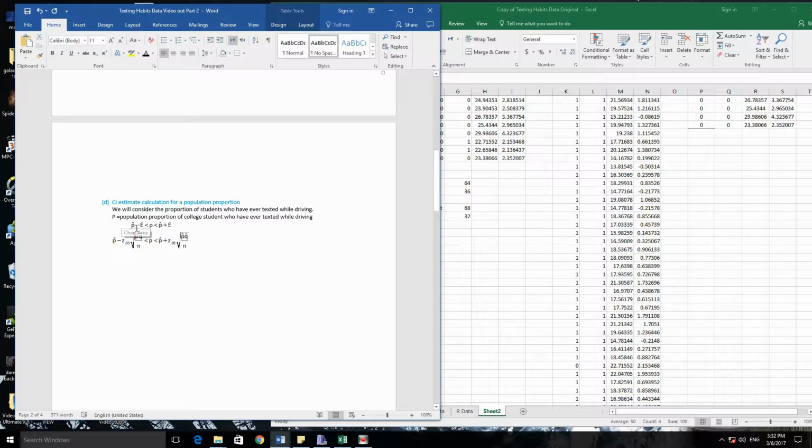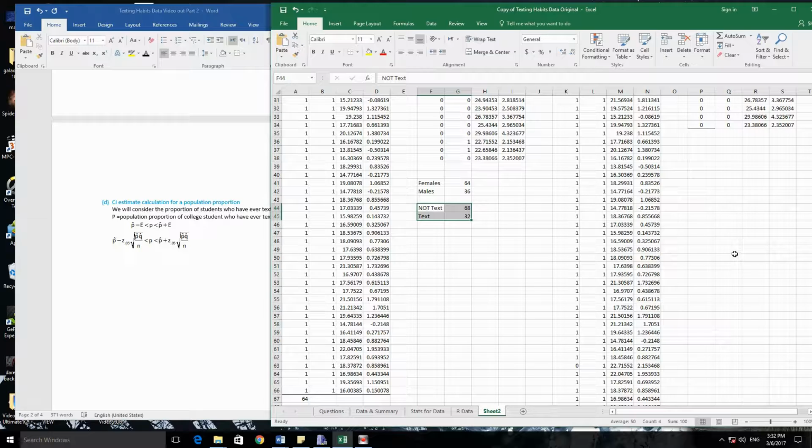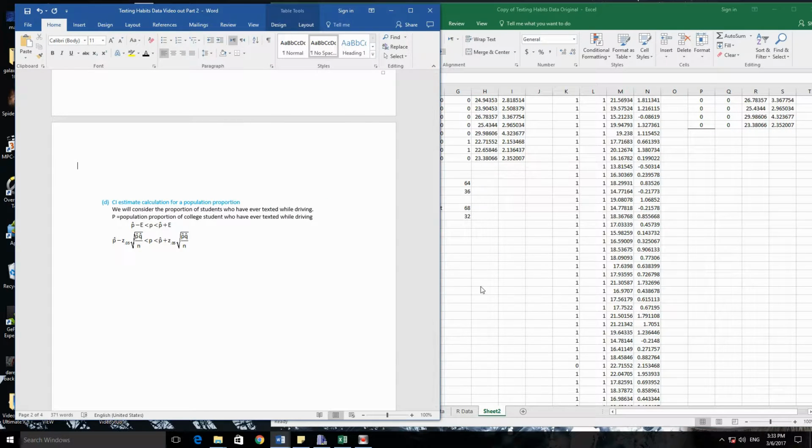So I need my p hat, the sample proportion. I need the sample proportion of students who have ever texted while driving. Actually, I'd rather change this to never texted while driving.